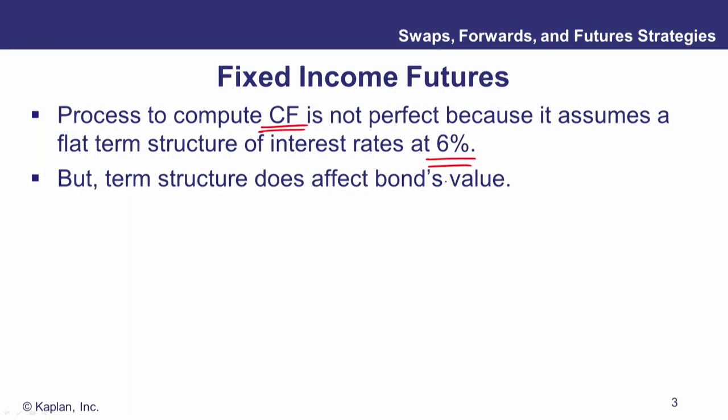Plus, conversion factors stay the same over the life of a Treasury future, whereas yield curves do not. So the term structure of yields being different to flat, and the fact that it changes over the life of the futures contract, means that these conversion factors do not perfectly do the job of making each bond equally attractive to deliver from the short's perspective.